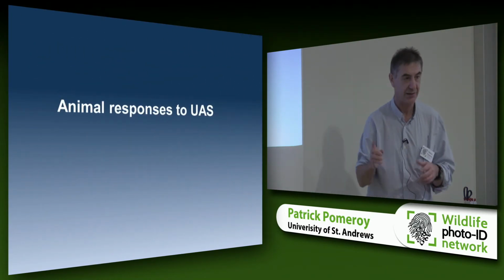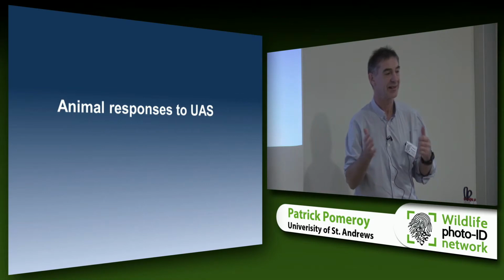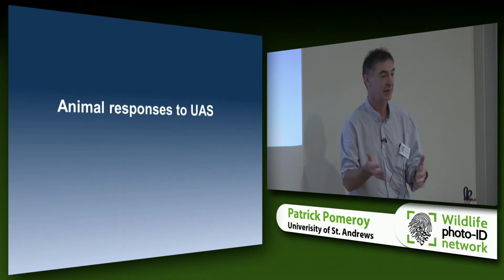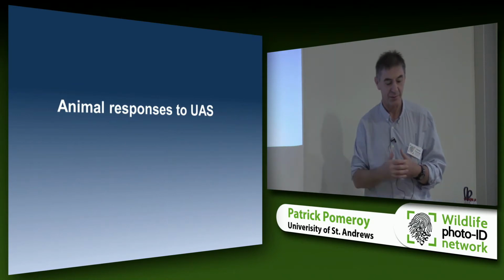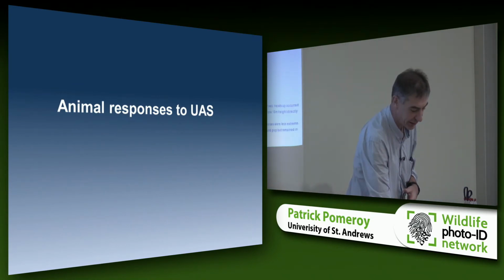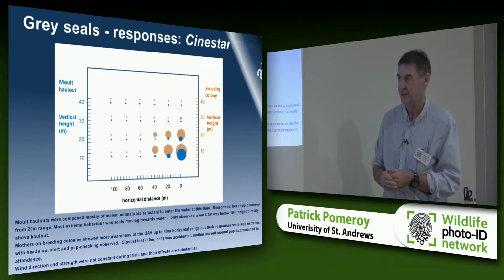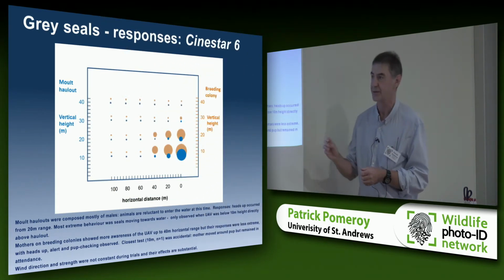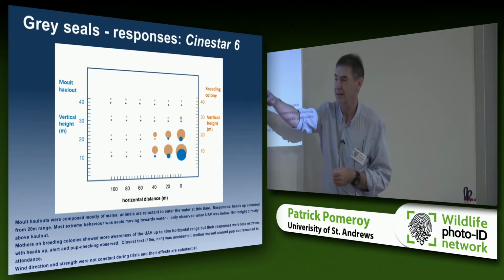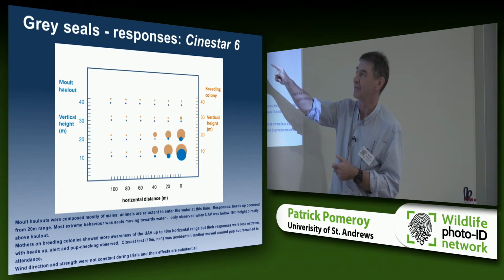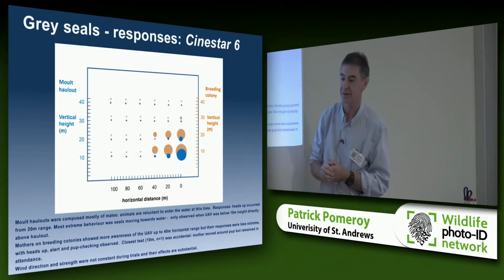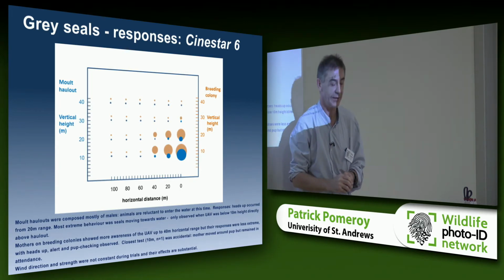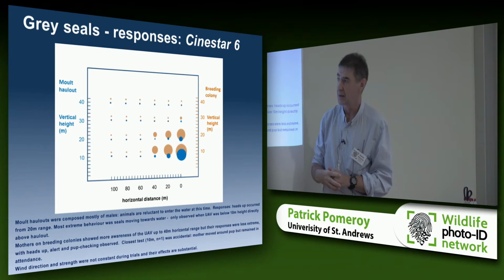One of the big things that has to be considered in all of this is the animal response to the aircraft itself, and that turns out to be more of a consideration than you might expect. I've tried this with grey seals in two different situations. On the right is the breeding colony data in orange, and on the left is the molt haul-out information in blue.